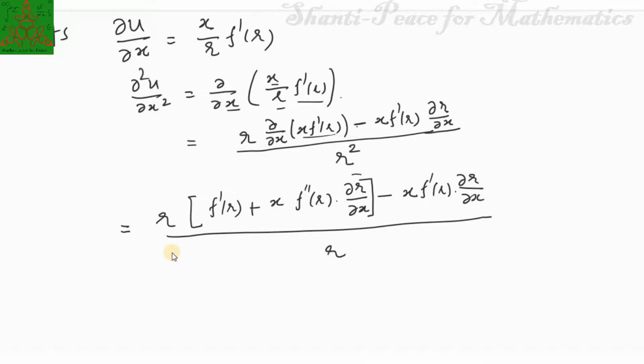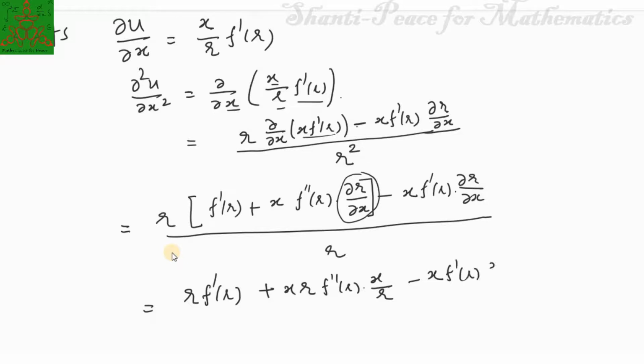Now what is del r by del x, that we have computed, that is x by r. So let us substitute that value. So this will give you r into f dash of r plus x into r f double dash of r into x by r, minus x into f dash of r into x by r, upon r square. So r square is already there here.